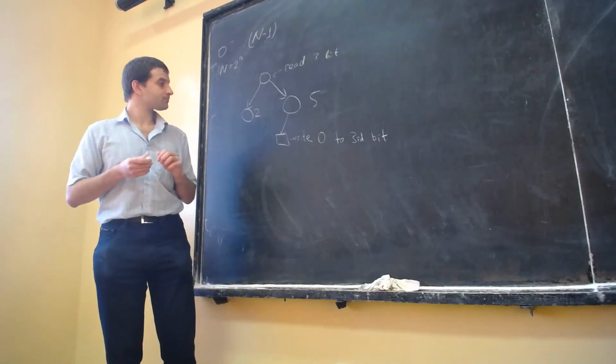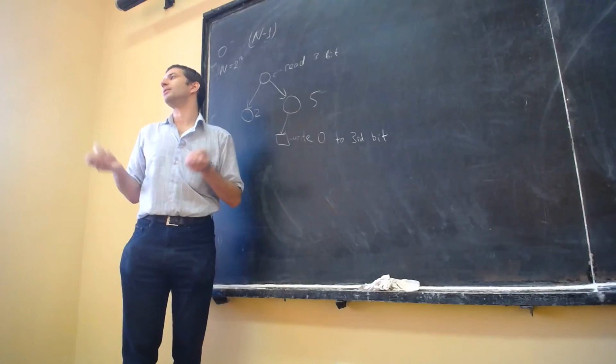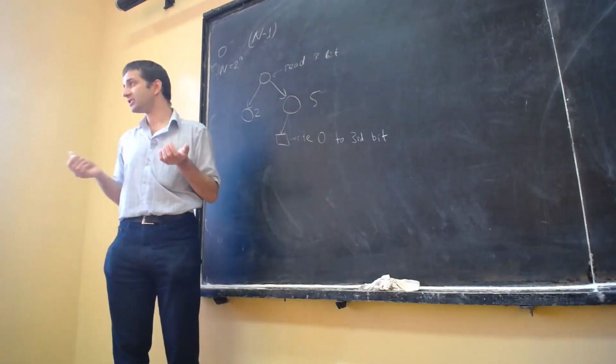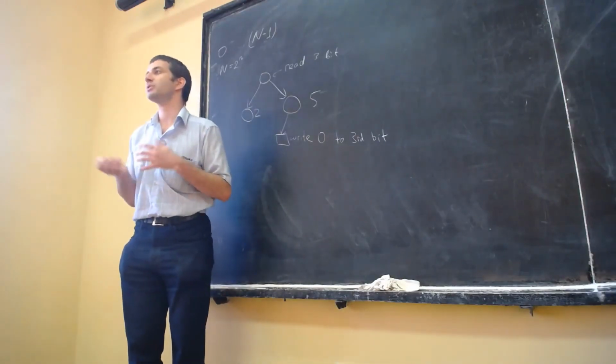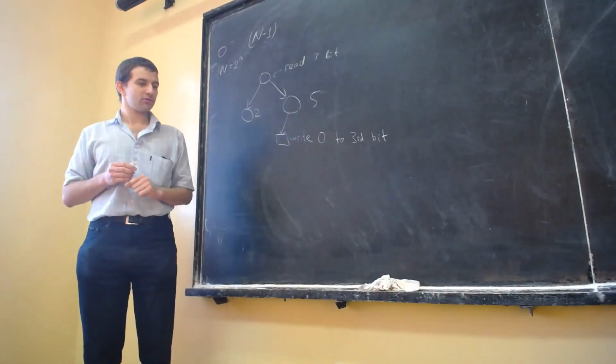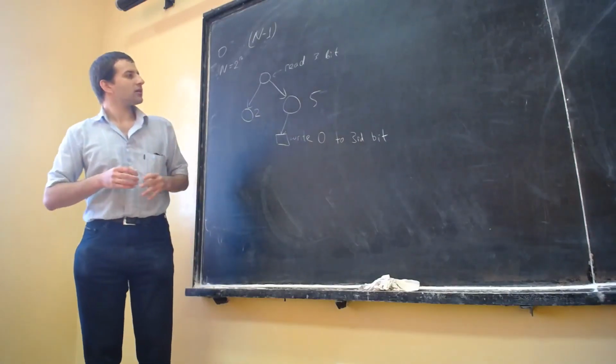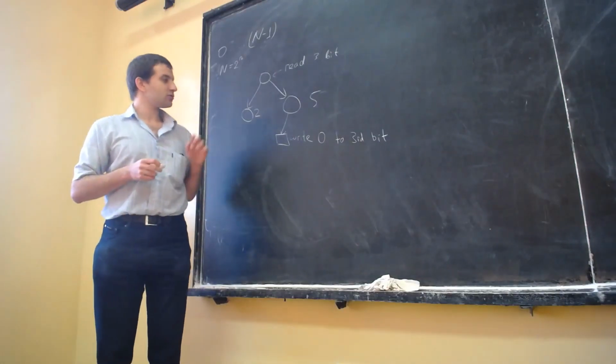Okay, so we can ask how many bits we read, we can ask how many bits we write. What is known about that? What has been known for a long time?